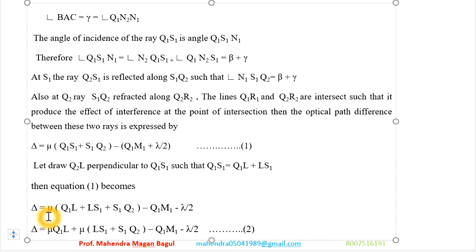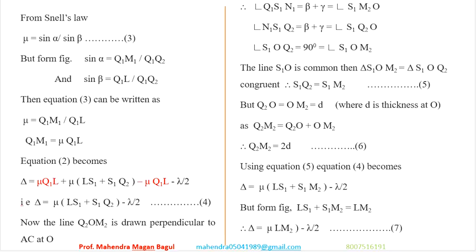Therefore, del is equal to mu into bracket Q1L plus LS1 plus S1Q2, minus Q1M1, plus lambda by 2. Multiplying by mu, we get del equal to mu Q1L plus mu LS1 plus mu S1Q2, minus Q1M1, plus lambda by 2. Consider this as equation number 2.